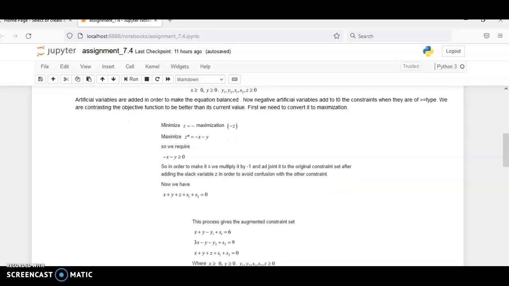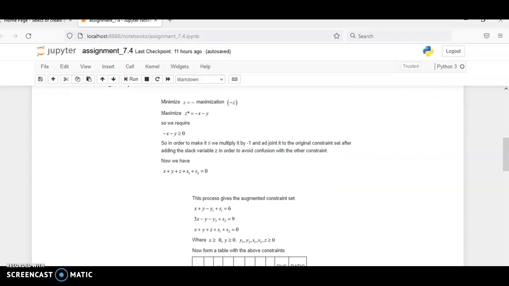So in order to make it less than or equal to, we multiply it by minus 1 and join it to the original constraint set after adding the slack variable z, in order to avoid confusion with the other constraints.